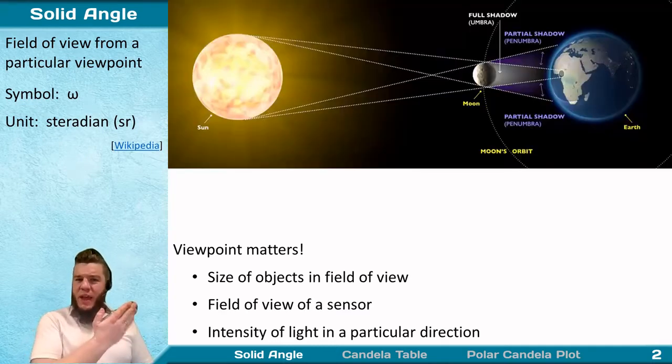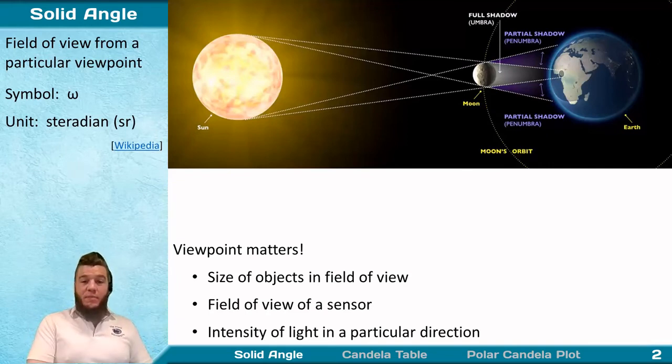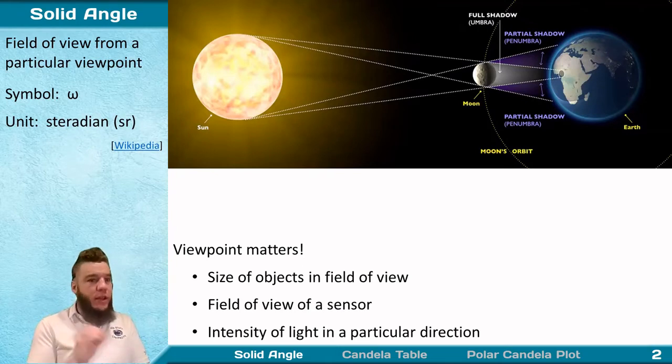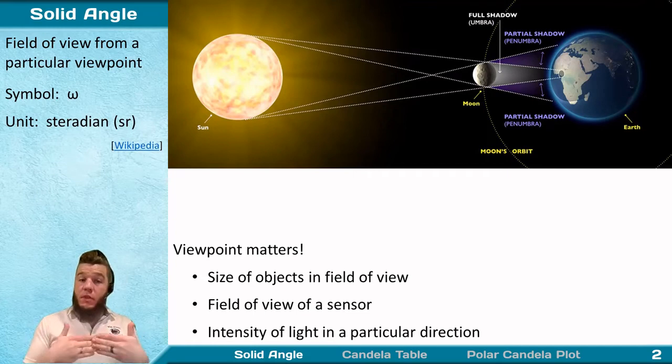So let's take a look at that sun, moon, earth system that I used in the title slide. This is a classic example of the way that solid angles work, and also really highlights how important it is to diagram your problems so that you get these angles and viewpoints correct, because these type of problems get complex in a hurry.